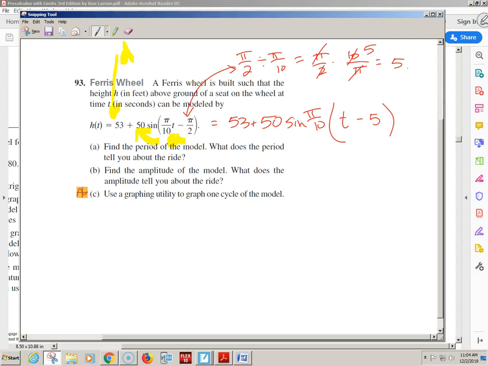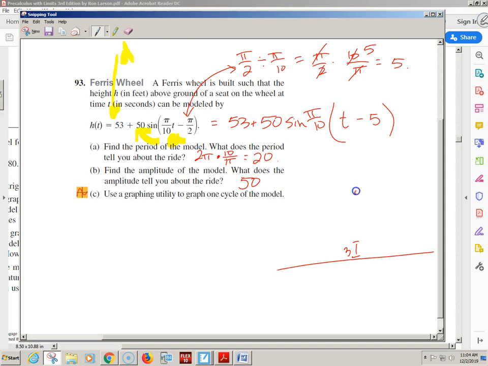Period says 2 pi over, or maybe some of you are starting to realize the reciprocal's a little bit easier on your brains. The reciprocal of b. But 2 pi over b, Nathan, you're right, it's a formula. Some people memorize it. Amplitude, there's that 50, which means, did anybody realize that this was a ride that was technically, the wheel was 3 feet off the ground?